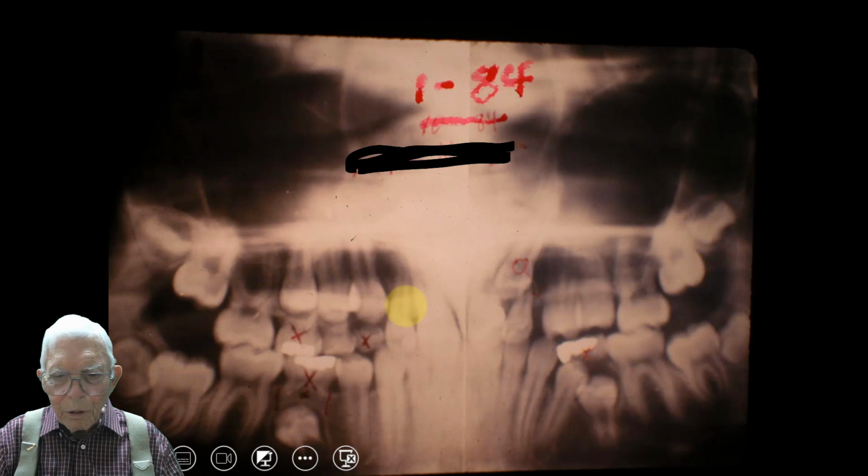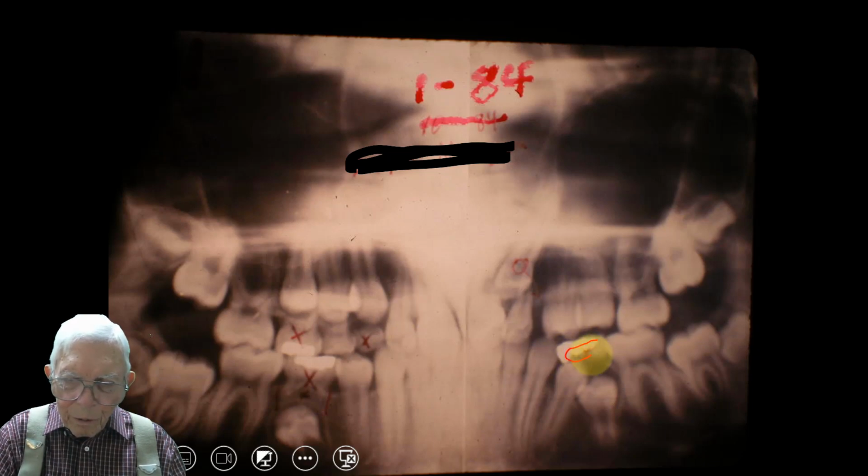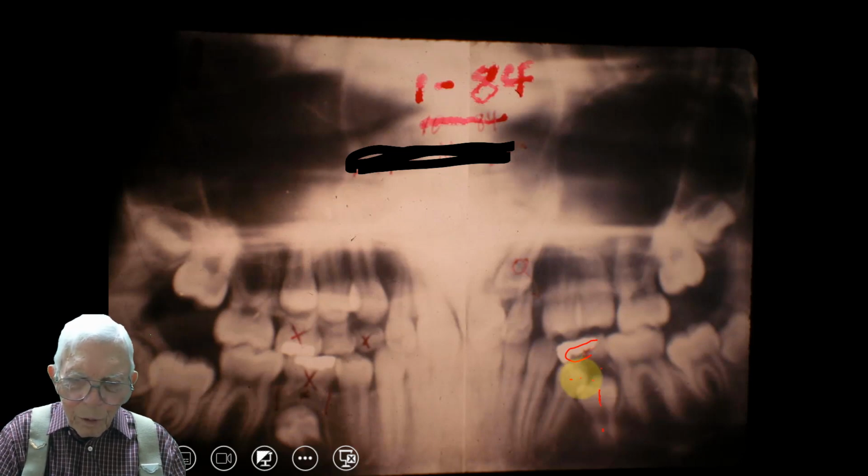All right, you can see much better at this point, like this big filling over this tooth, and this bicuspid down in here is trapped, but it's going to make its way out.